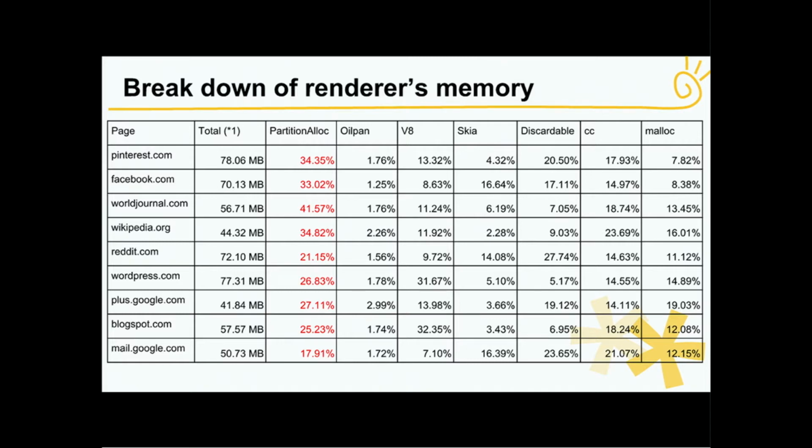This is just because we chose the page set in a way that Blink's memory reduction is key. So PartitionAlloc is consuming the most memory in these pages, from 20% to 40% of the renderer's memory. V8 is the second largest memory consumer.